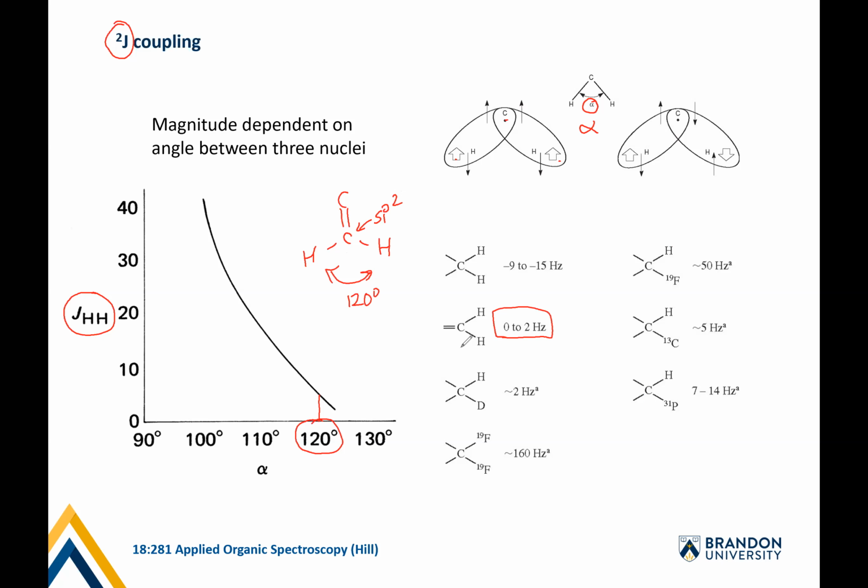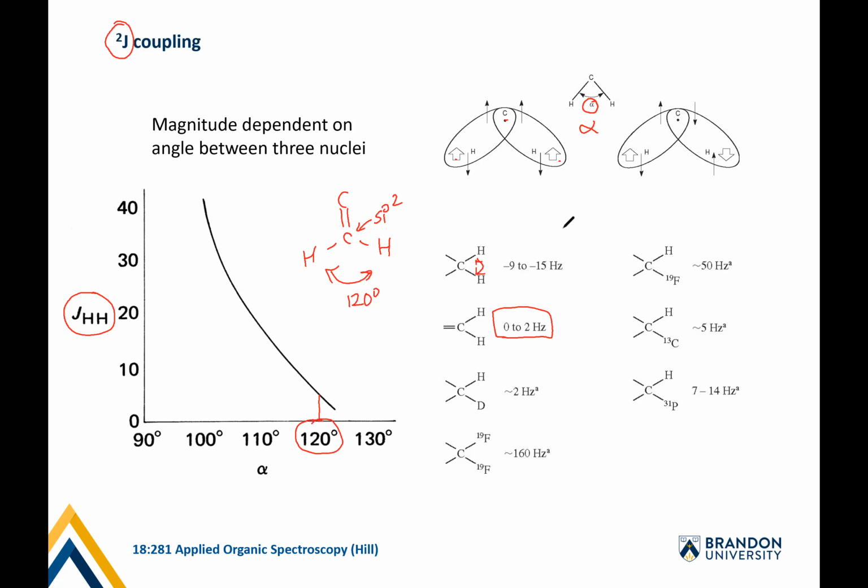Sometimes if the coupling is actually 0 hertz, you're not going to see any coupling at all. So when it's quite low here, and if it's in the 70 to 80 degree range, sorry.